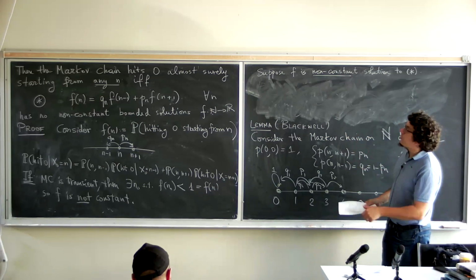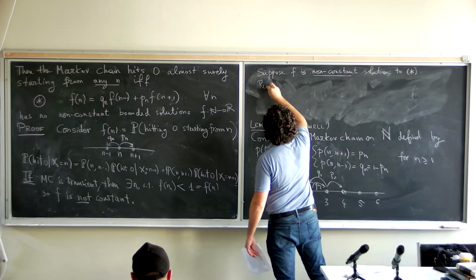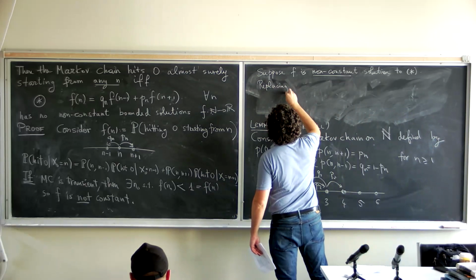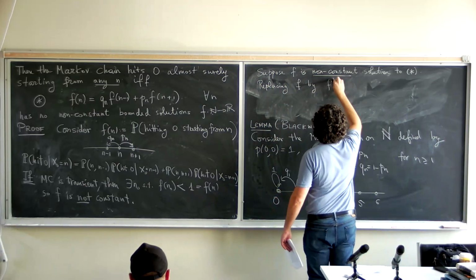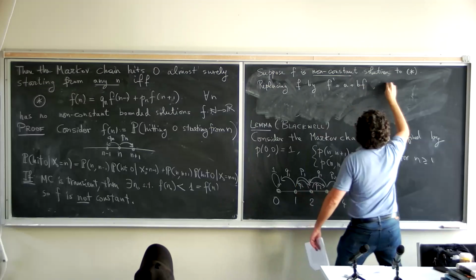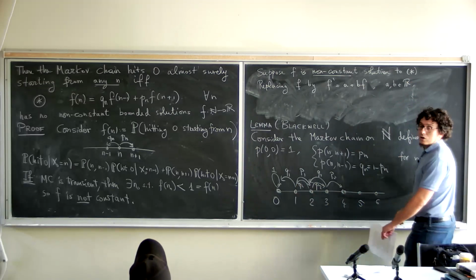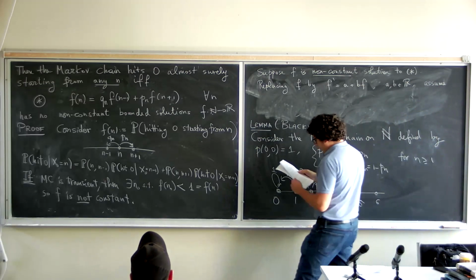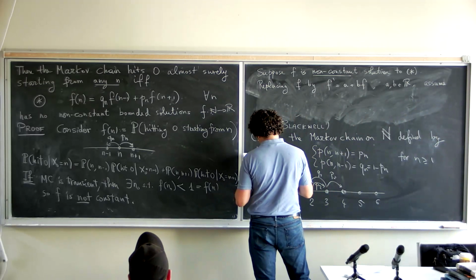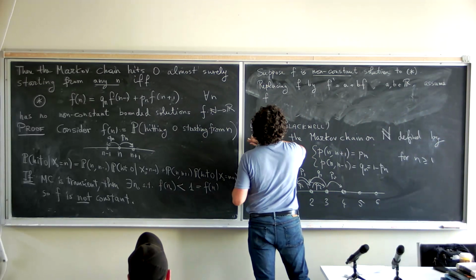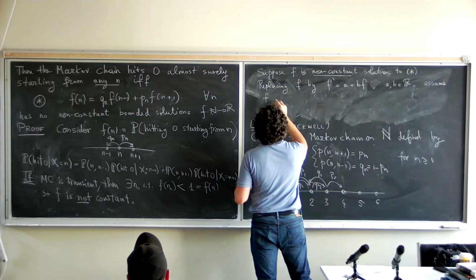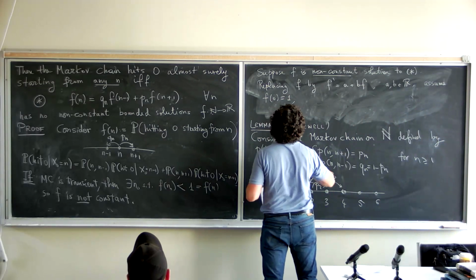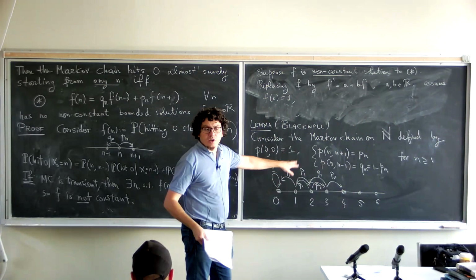So replacing f by f prime, which would be a plus b f, where a and b are real numbers, we can assume that f of 0 is 1, which is good for this interpretation.